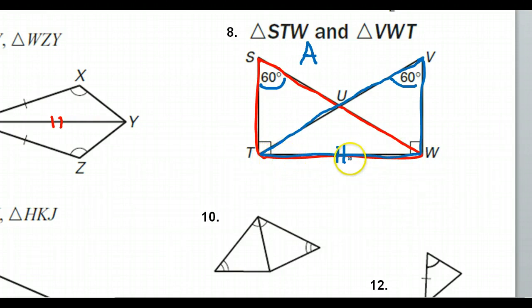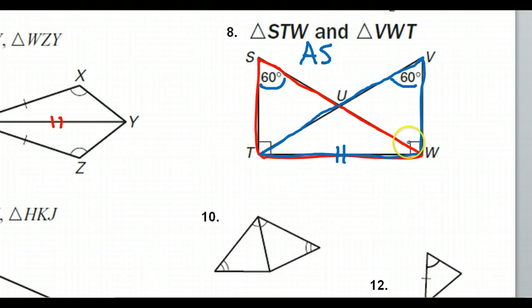So that's a shared side. So far I have an angle and I have a side. Okay, do I have any other angles or do I have any other sides that I know are congruent? Yes, okay, I mean it's a special case, but it still counts.